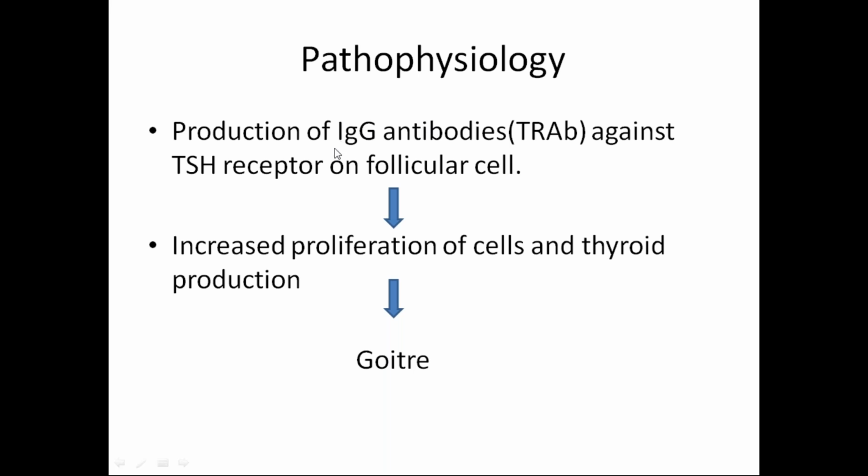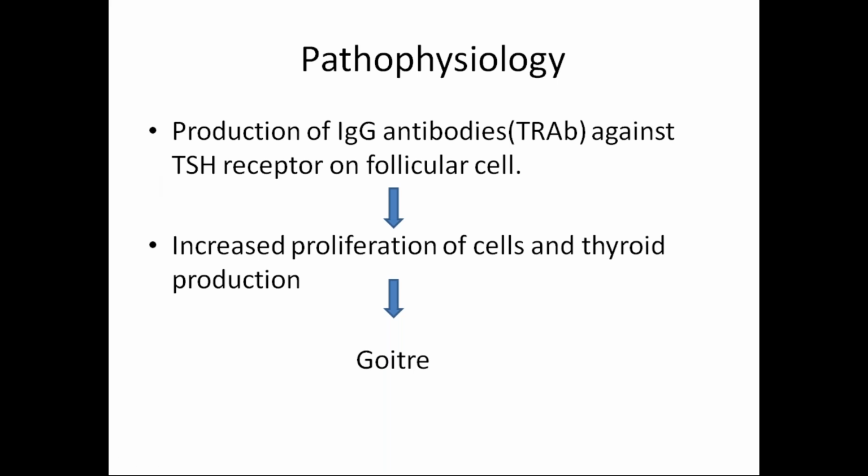These antibodies are called the TRAB, thyroid hormone receptor antibodies. They attack the TSH receptor on the thyroid cell, so the TSH hormone is unable to act on the gland and tell it to decrease.